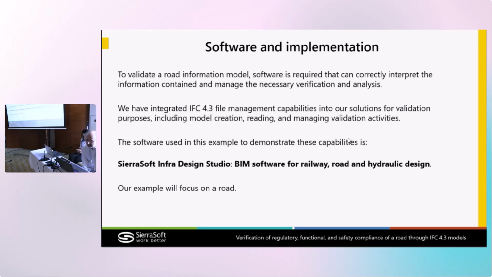We have integrated IFC 4.3 file management capability into our solution for validation purposes, including model creation, rating, and managing validation activities. In this example, I use SierraSoft Infra Design Studio. It's a BIM software for railway, roads, and hydraulic design. But our example will focus on a road.